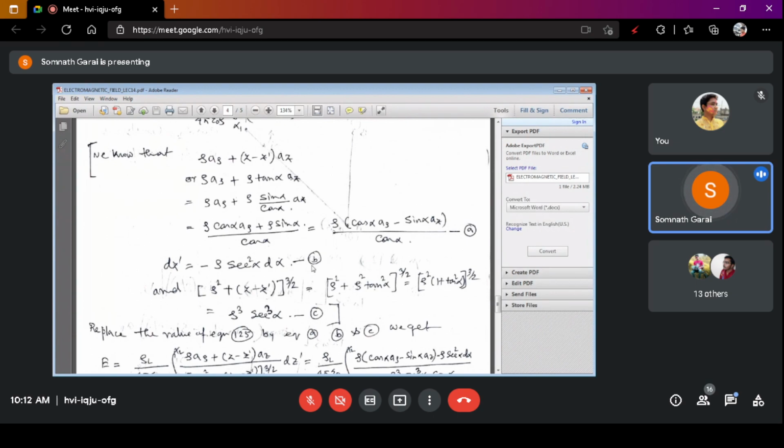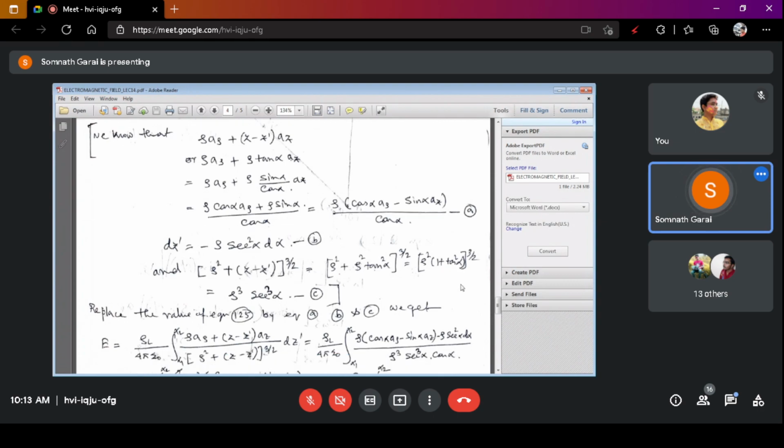Plus (z minus z dot) whole to the power 3 by 2. Now z minus z dot, we know that is rho tan alpha. Now it is squared. So that will be (rho square plus rho square tan square alpha) to the whole power 3 by 2. Now if you take rho square common, then rho square into (1 plus tan square) to the power 3 by 2. 1 plus tan square is equal to sec square alpha.